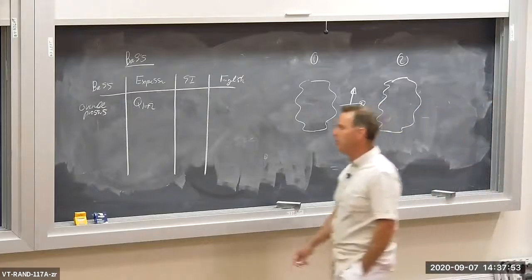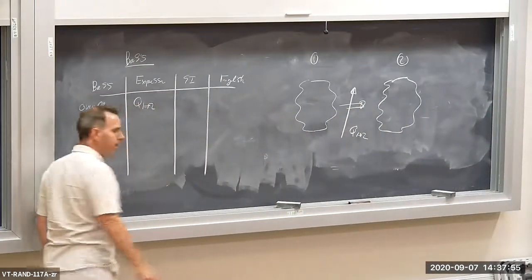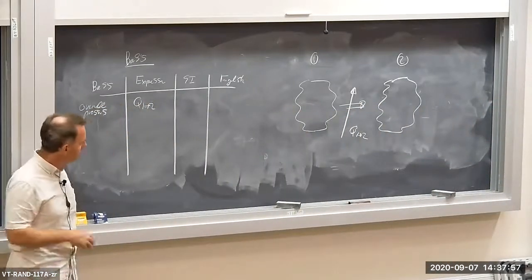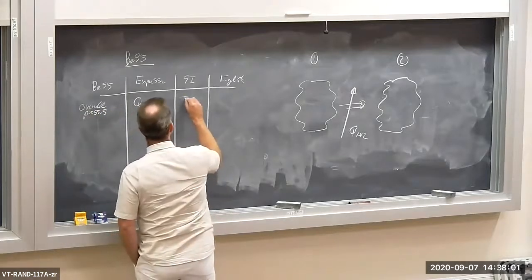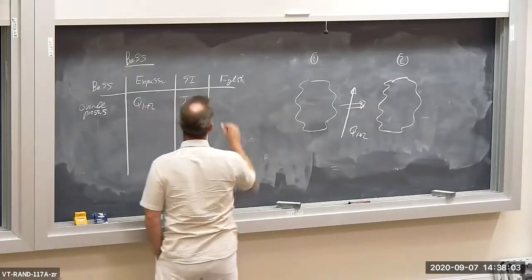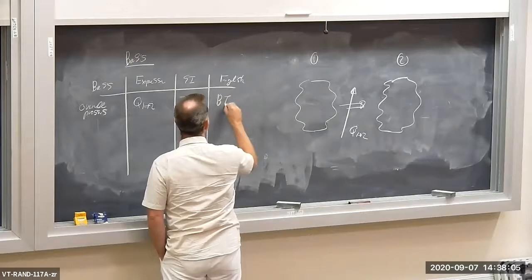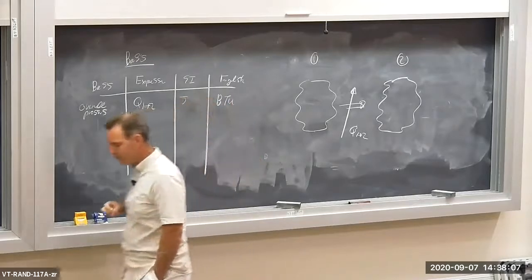An SI unit of heat transfer is the same as energy, so we would have joules. And English units, we would have the BTU.